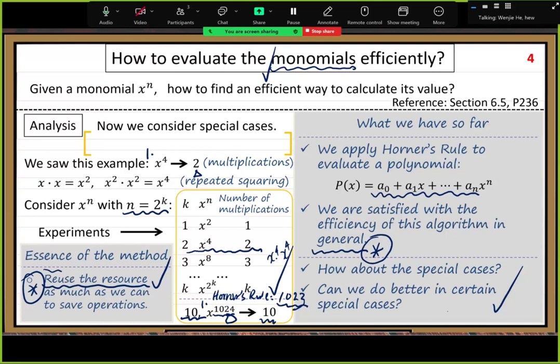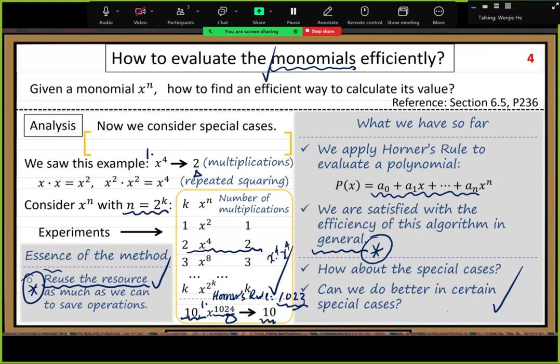For this monomial, repeated squaring, we only need 10 multiplications. If you use Horner's rule, you need 1023 multiplications. The difference is so big. But that's just for k equals 10. Think about when k is a relatively large number, your savings would be even more.